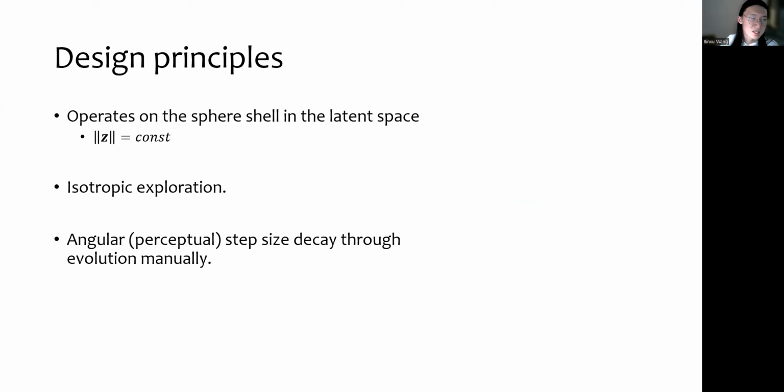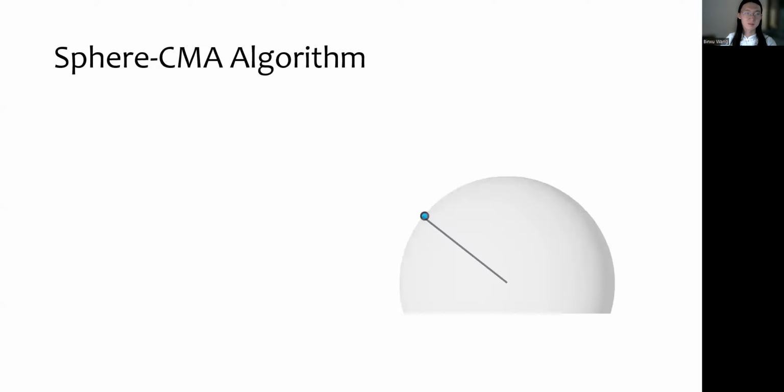Finally, we think controlling the angular distance or angular step size is key during the evolution. Since we are working on a spherical shell, there's no intrinsic mechanism to decay the step size. And here, we propose to manually decay it, simulating the perceptual step decay.